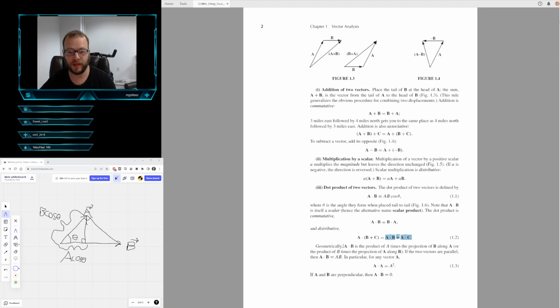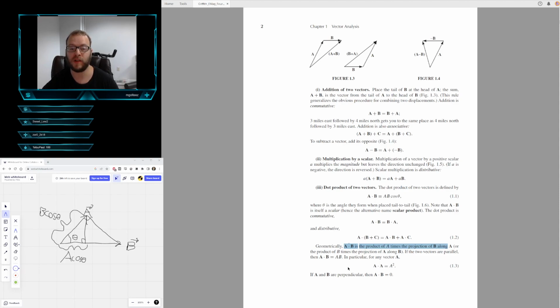So, like I was saying, geometrically, A dot B is the product of A times the projection of B along A, or B times the projection of A along B. If two vectors are parallel, then A dot B equals A times B. That's because the angle between them is 0, and the cosine of 0 is 1. For any vector, A squared is defined as A dot A.